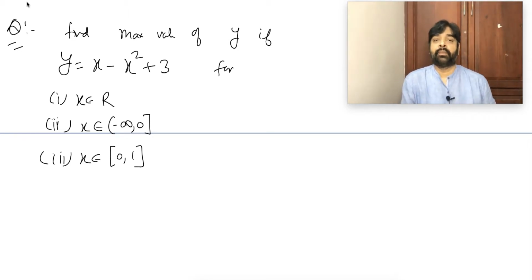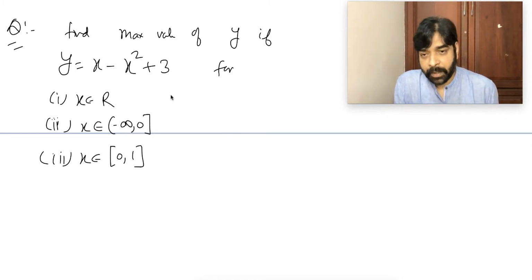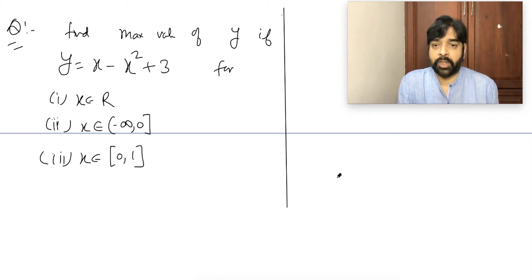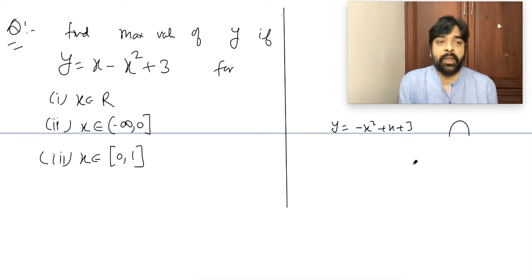Over. Check it here. Now I will teach you one more method also. Look at this. First, I will draw a graph of minus x square plus x plus 3. Always arrange it like this. A is negative, so the shape will be this. And the turning point will be minus b by 2a.